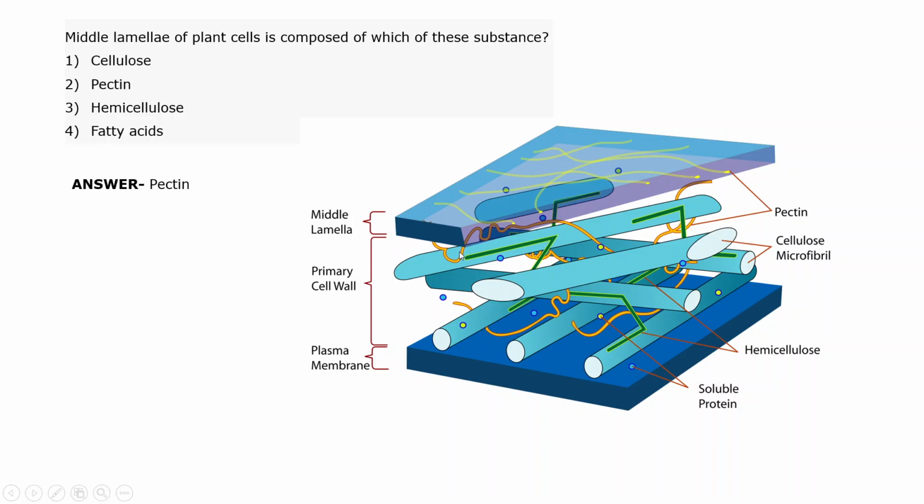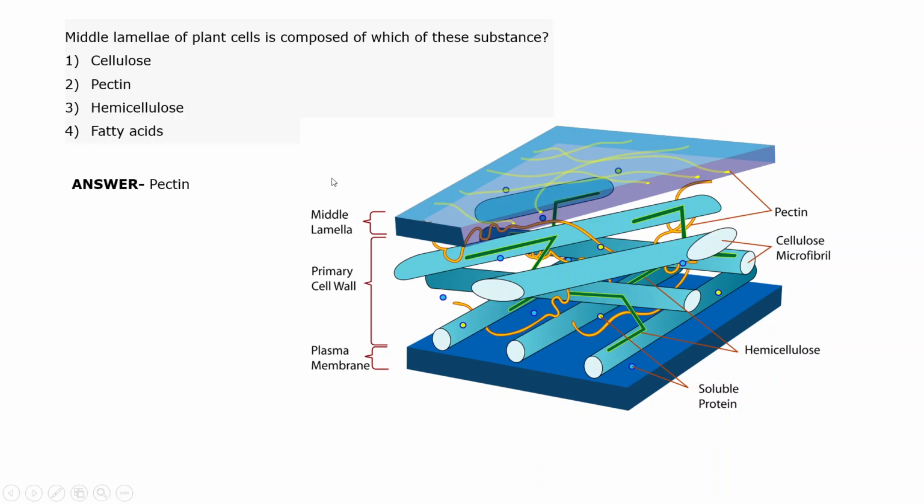In the case of the middle lamella, the majority is pectin. Some amount of pectin is also present in the primary cell wall, but the majority of pectin is in the middle lamella. Pectin combines with divalent cations like magnesium and calcium to form magnesium and calcium pectate, which maintains the structural integrity of the cell wall.